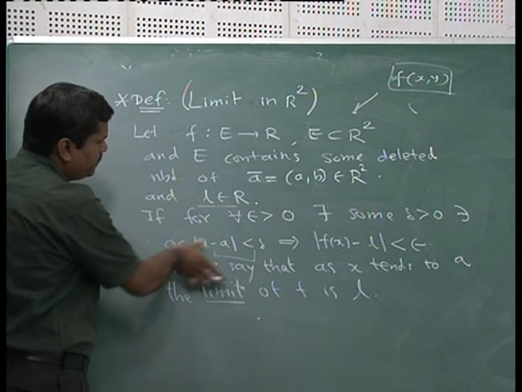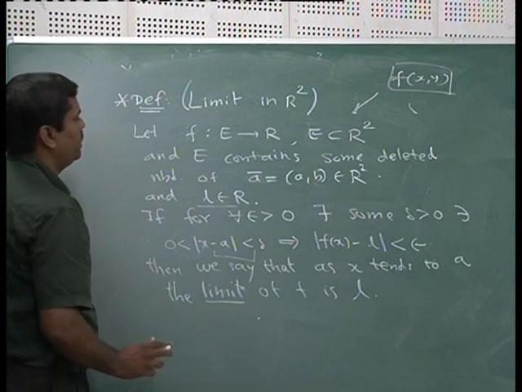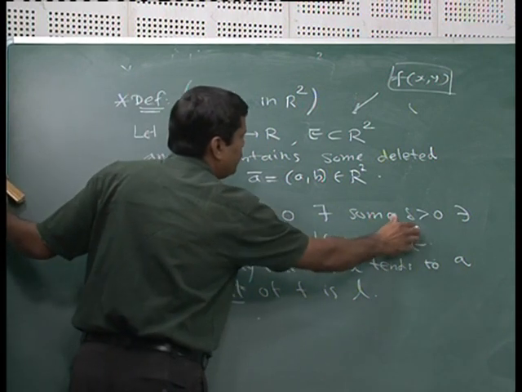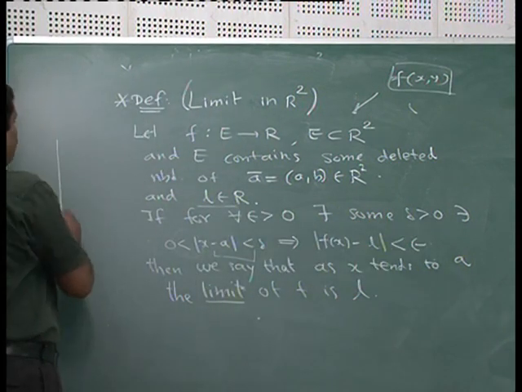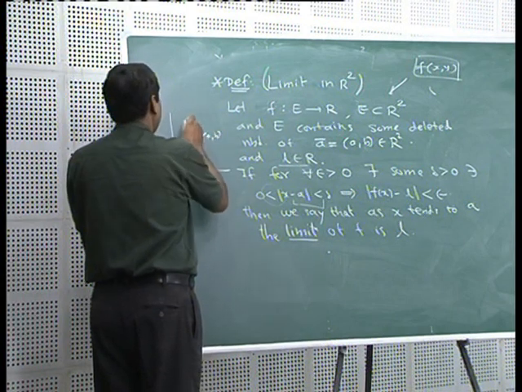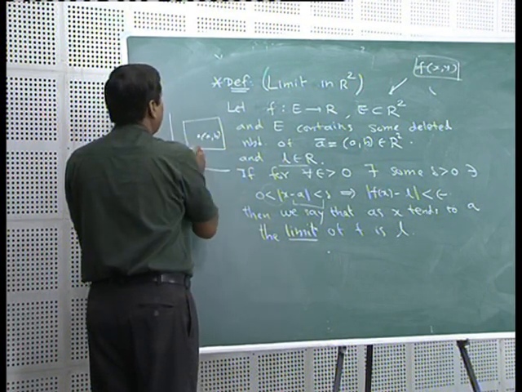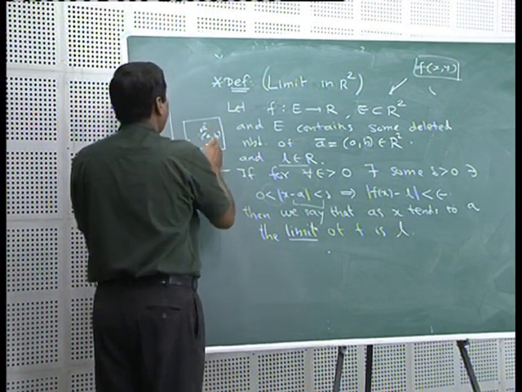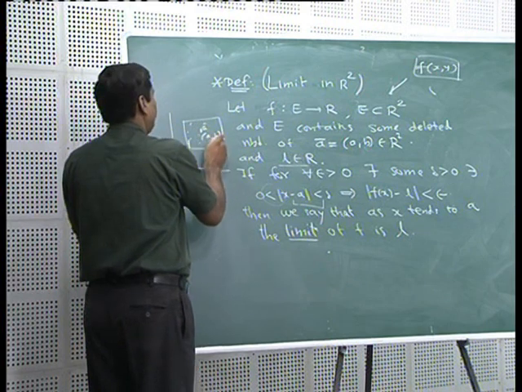Now, I am generalizing this condition also for two variables. For every epsilon greater than 0, if there exists some delta, now if I want to take points near a fixed point (a, b), we choose a rectangular neighborhood of a, and in it we take all the points.